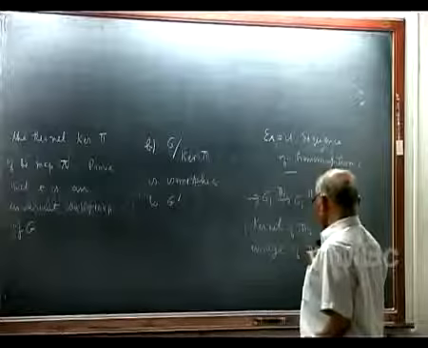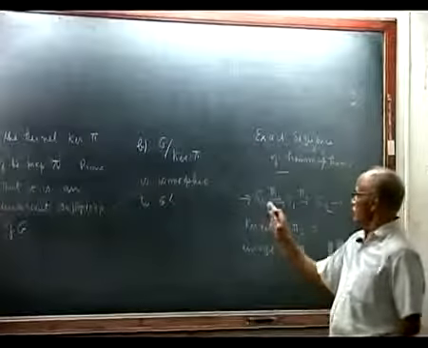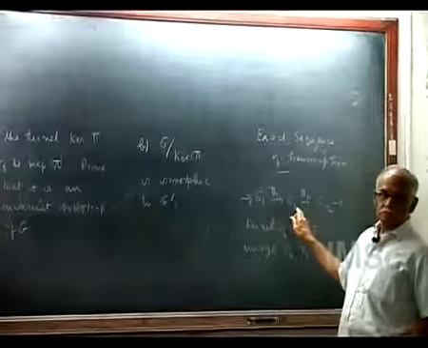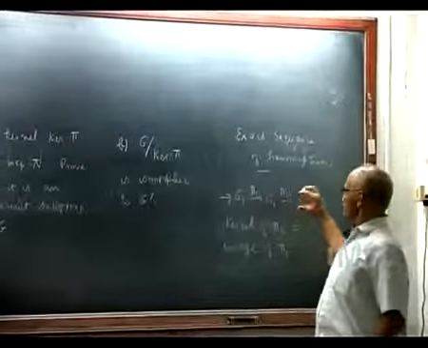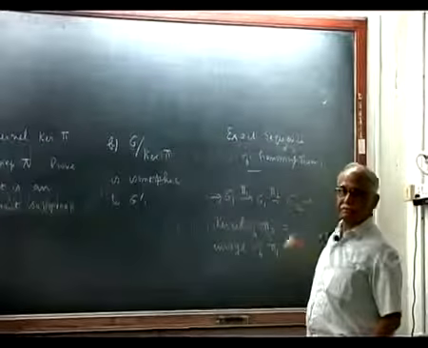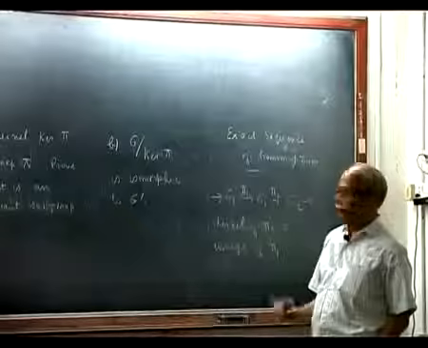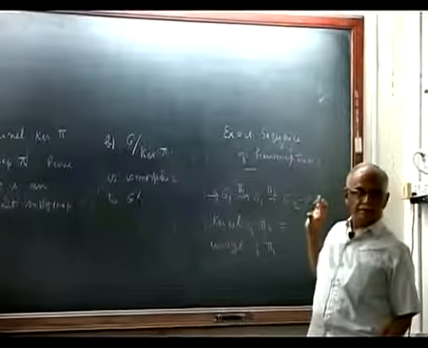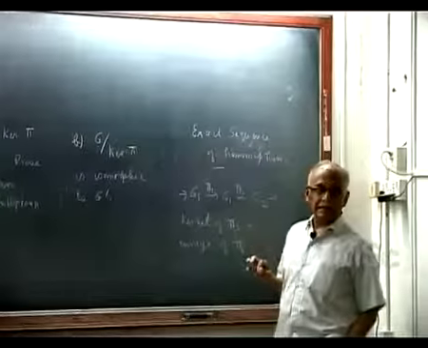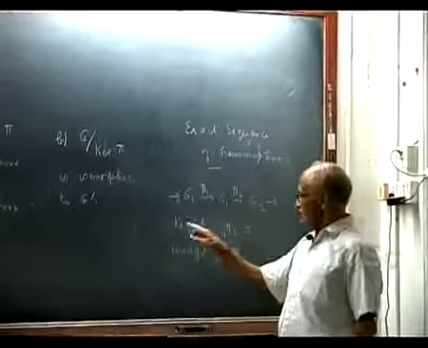This is the rule. What you get from here is picked up by this and mapped to the identity here. If you have a sequence like this and you say it is exact, that means this equation here.